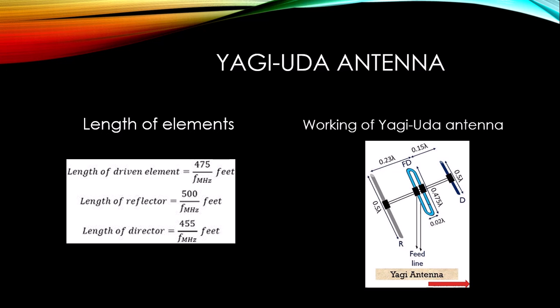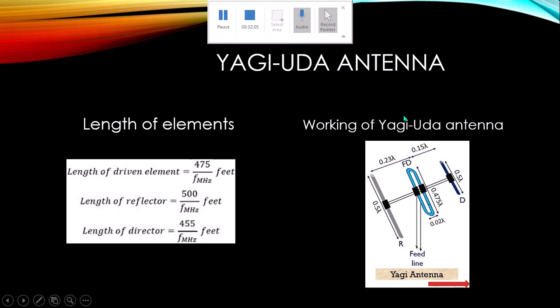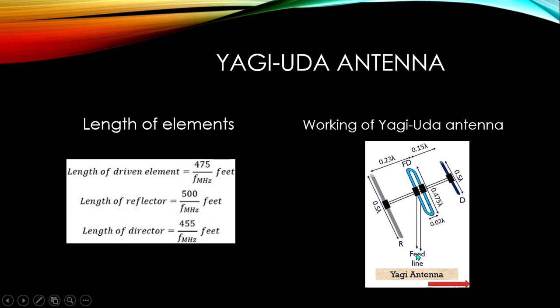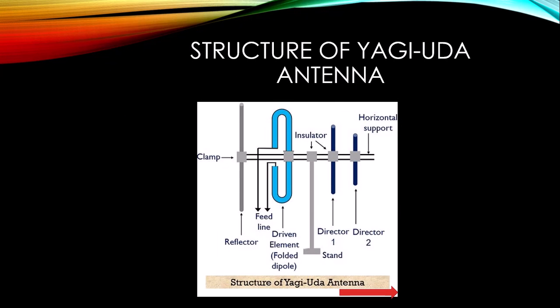Whereas the one shorter than the half-wave dipole, in example the director, is capacitive, so the current flowing through it leads the voltage. As you can see here, as we know the director is placed in front of the driven element.